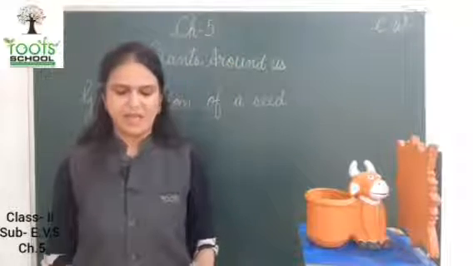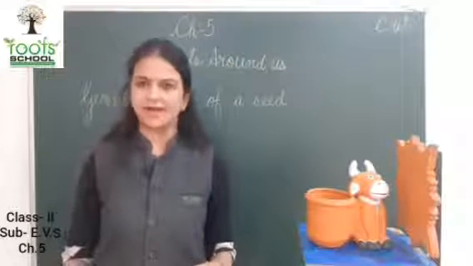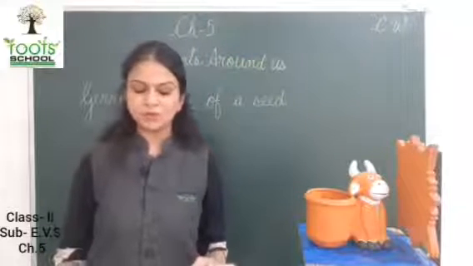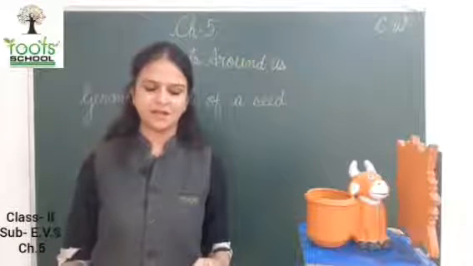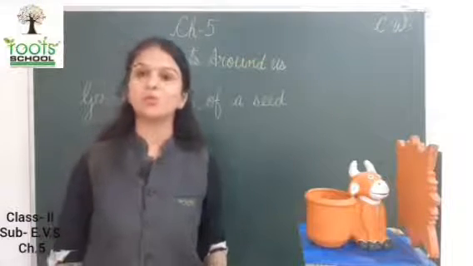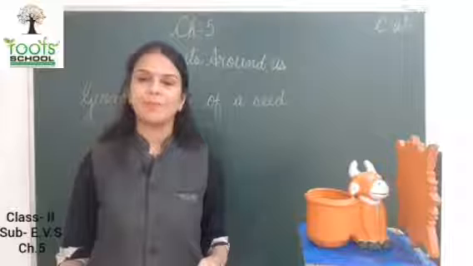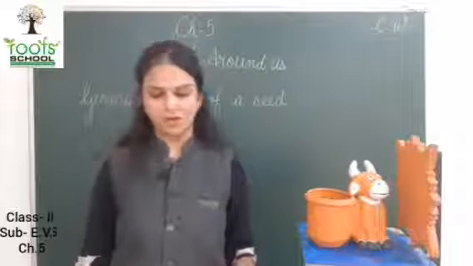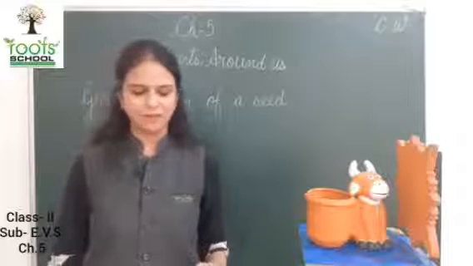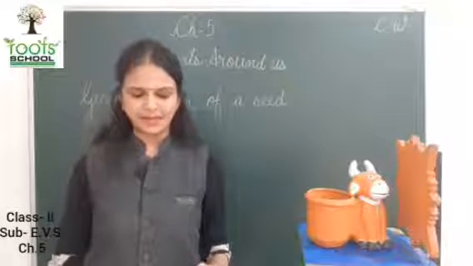Okay, now next. Have you ever seen a gardener working in a garden? He used some tools to make the garden beautiful. Let us meet him and know the names of tools that he uses. See this.